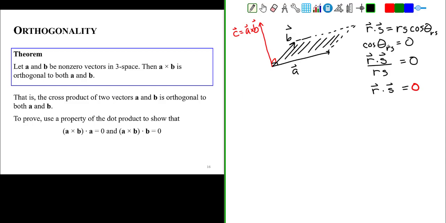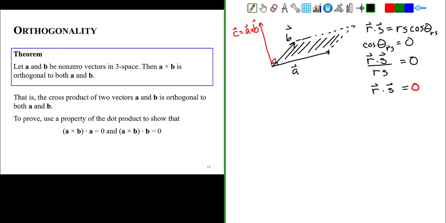So we're going to use this property of the dot product to help us show that the cross product of two vectors is orthogonal to each of the vectors that it's comprised of.